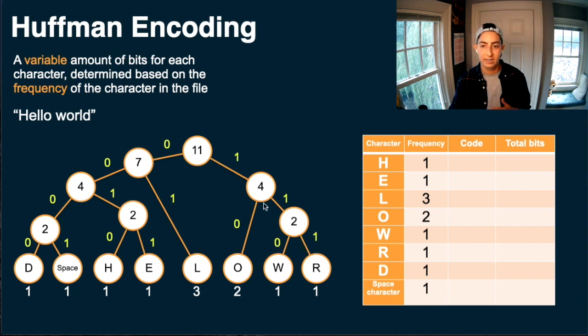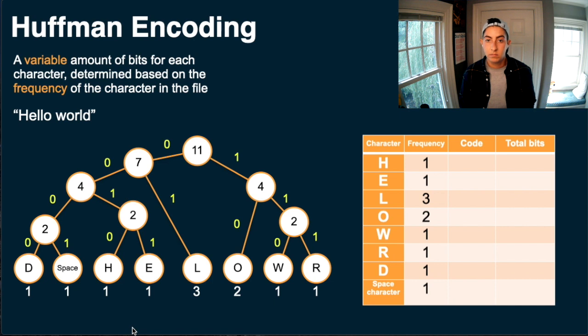Okay, so now we have this beautiful tree. What do we do with it? To get the encoding for each letter, all you do is start from the root node and follow down the branch until you get to the letter. So let's do that really quick for all of these letters. Let's start with H. H is down here. If we start at 11, the coding would be 0, 0, 1, 0.